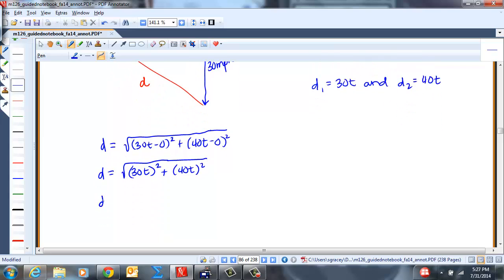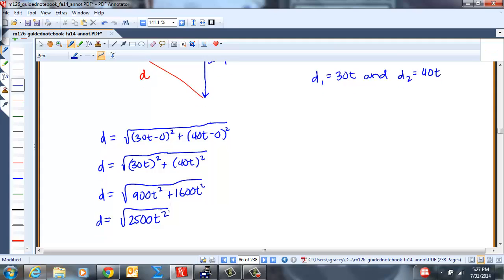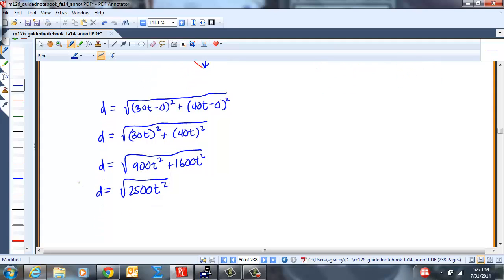So the distance will be the square root of 900t squared plus 1600t squared. So that would give us 2500t squared. So we would get the distance is 50t.